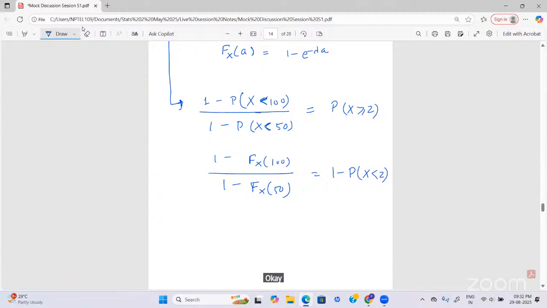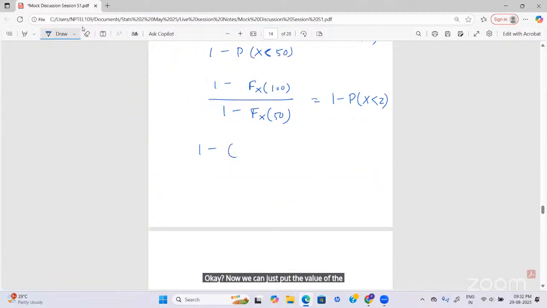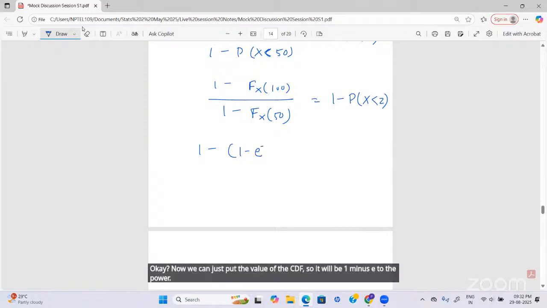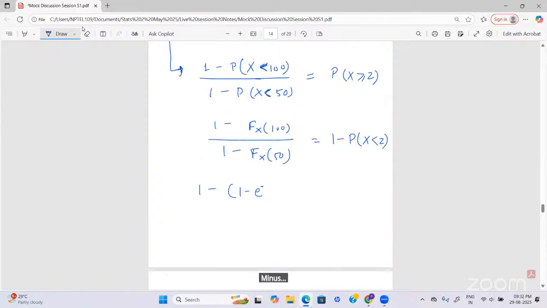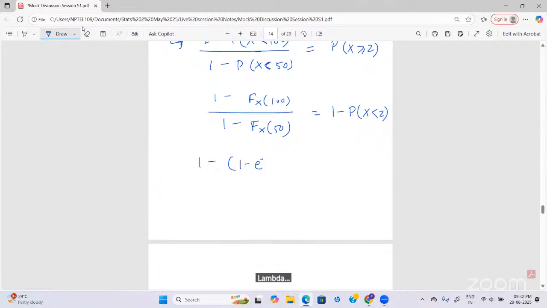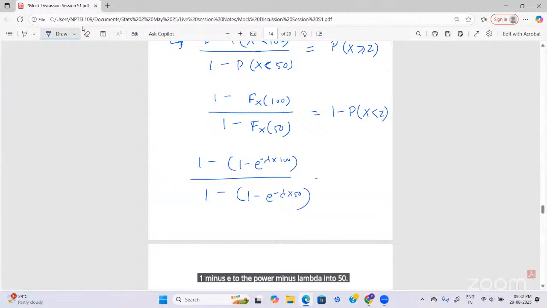Okay. Now we can just put the value of the CDF. So it will be 1 minus e to the power minus lambda a. What is the value of a here? 100. Here it will be 1 minus e to the power minus lambda into 50. And here it will be 1 minus e to the power minus lambda z.